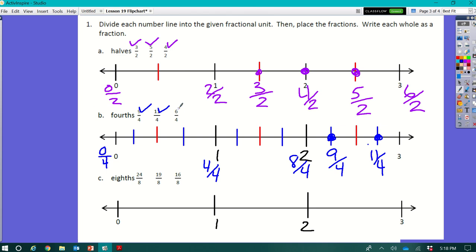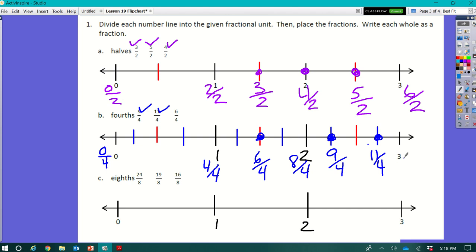And then I need to find 6/4. So I'm going to go backwards. At 2 wholes, I have 8/4. So I can count backwards from 2 wholes, or I can count forward from 1. So 1 is 4/4. So I can start at 4/4, 5/4, 6/4 is right here. I'm going to label it 6/4.